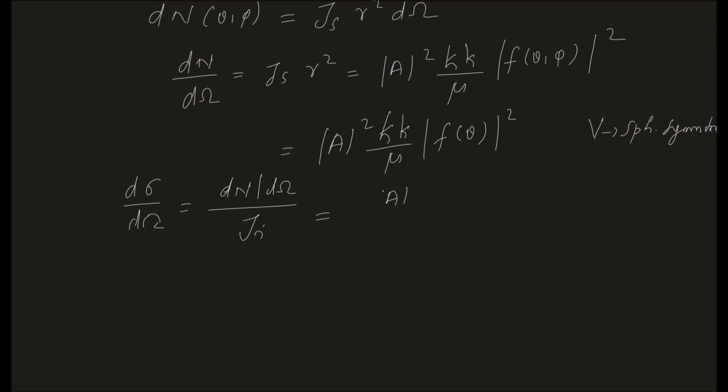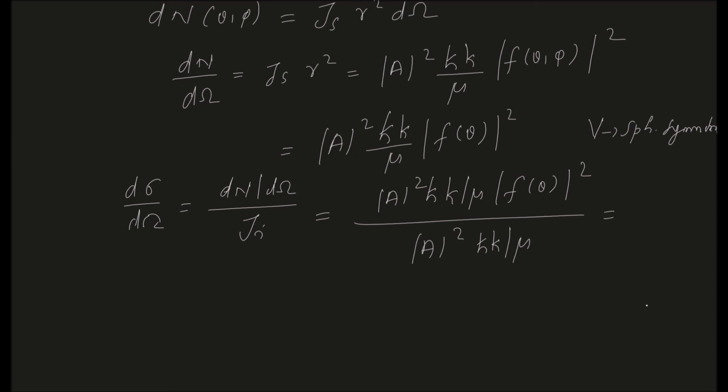So this is modulus A square h cross k by mu, modulus f of theta square, divided by, if you substitute for Ji, modulus A square h cross k by mu. So you can see that this will simply become modulus f of theta square for a spherically symmetric potential, otherwise it is modulus f of theta phi square.